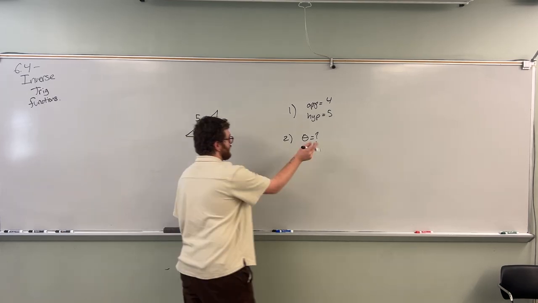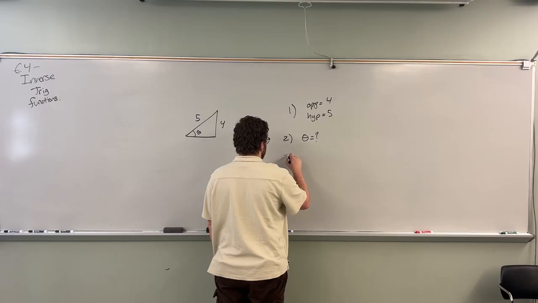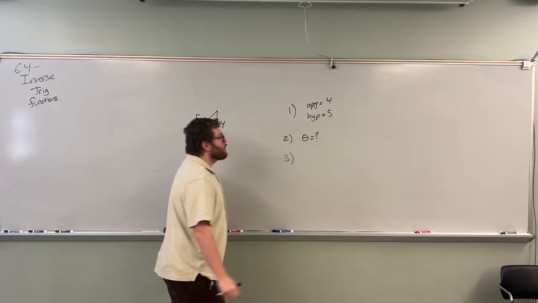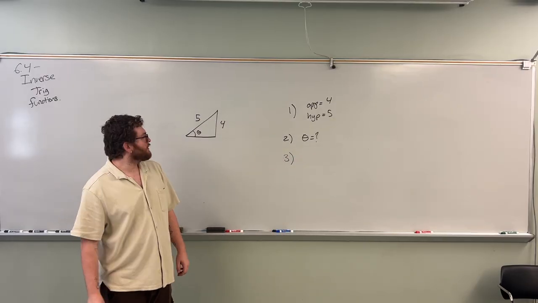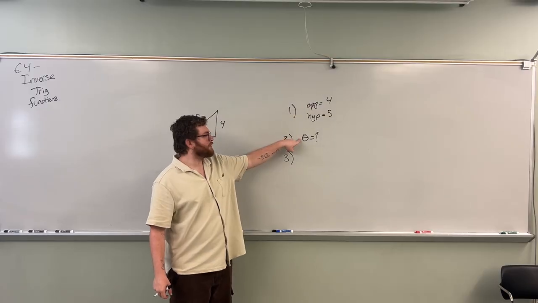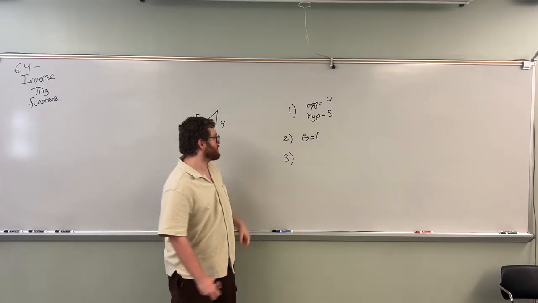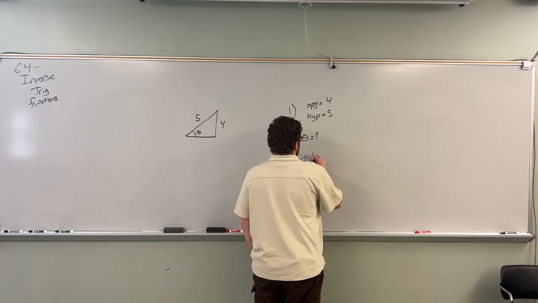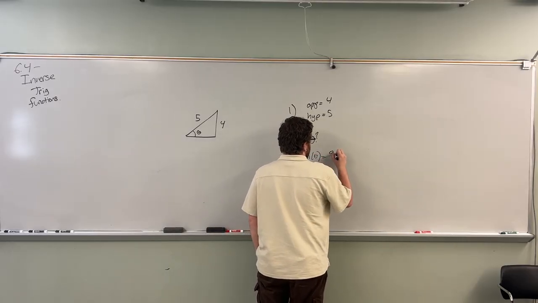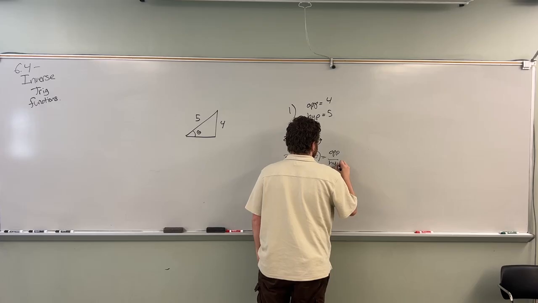So we don't need to write that we don't know the adjacent side. Step 3, what is an equation that relates opposite, hypotenuse, and angle? Sine, right? So, SOH. I have sine theta equals opposite over hypotenuse.